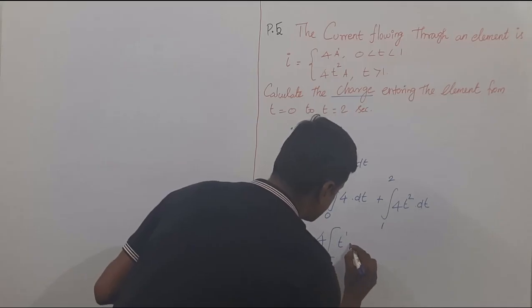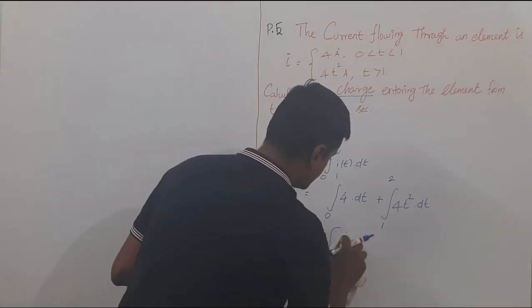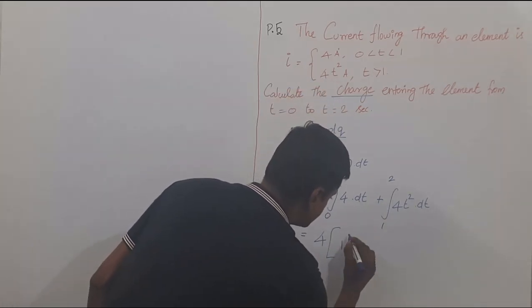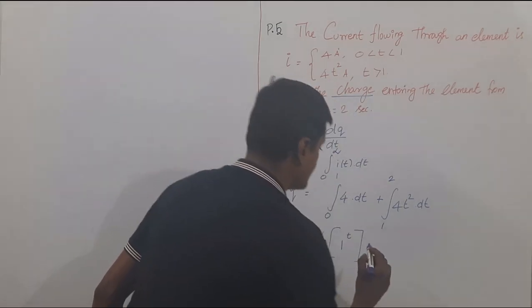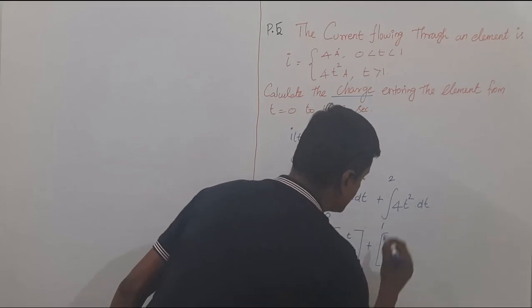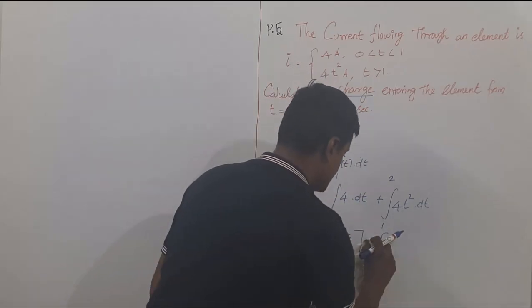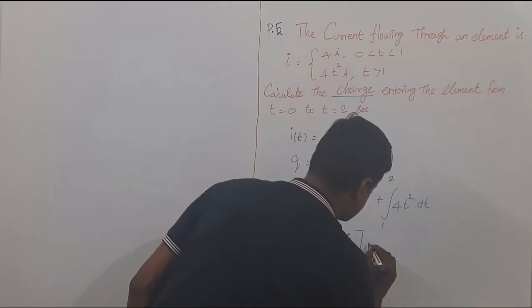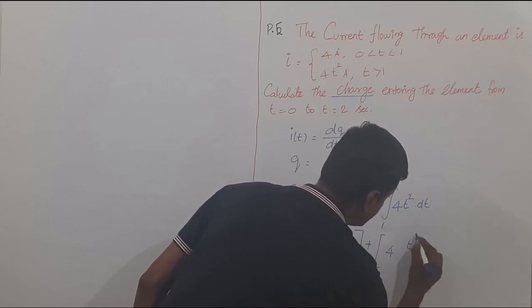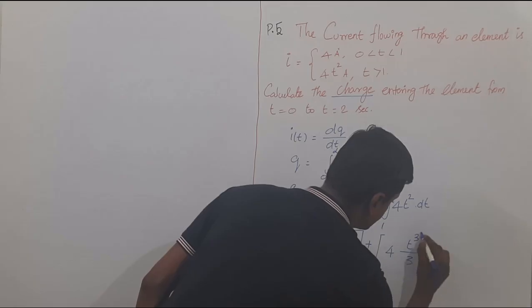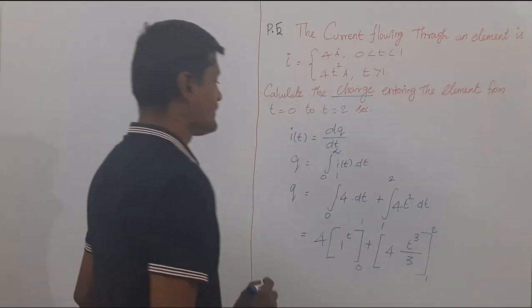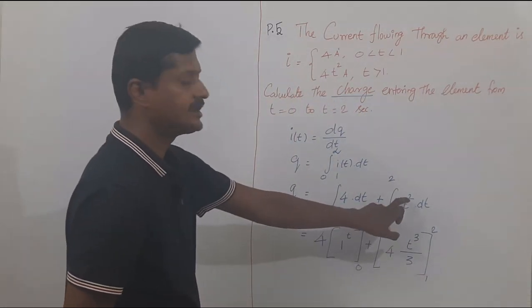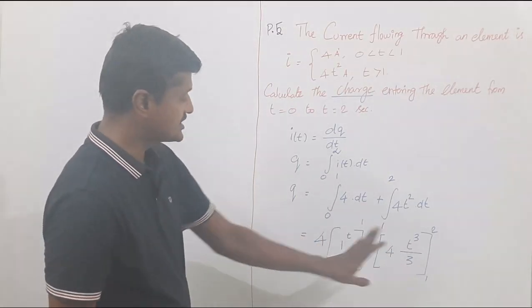So the integral of dt is t, with limits 0 to 1, plus 4 times the integral of t², which is t³ divided by 3, with limits 1 to 2. Here the power is 2 plus 1, that is 3, divided by 3.